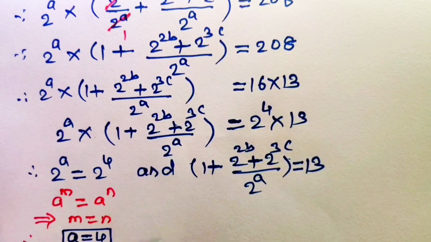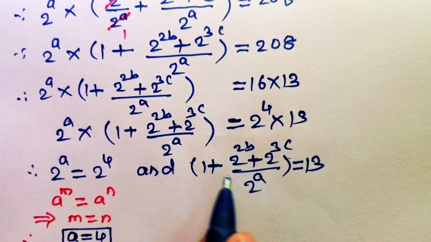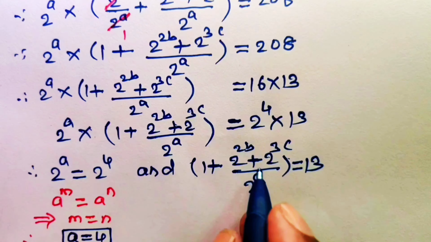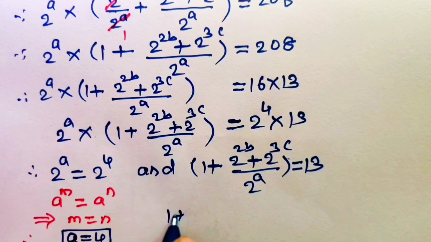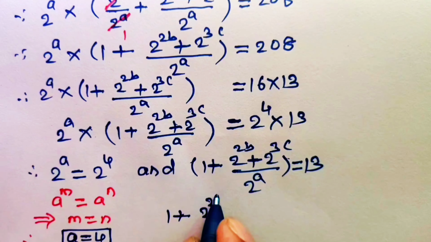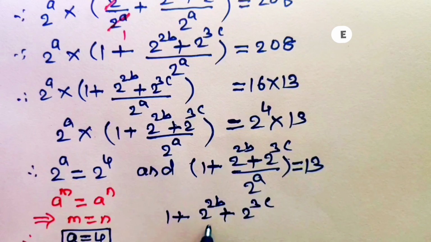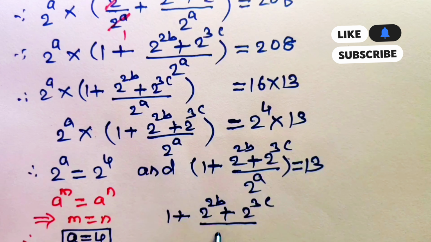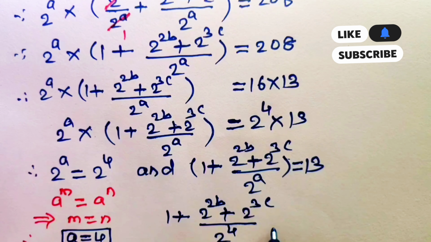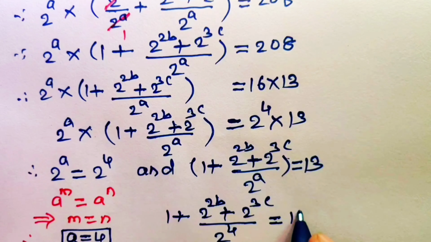Now take this a is equal to 4 here, then this becomes 1 plus 2 to the power 2b plus 2 to the power 3c divided by 2 to the power 4 is equal to 13.